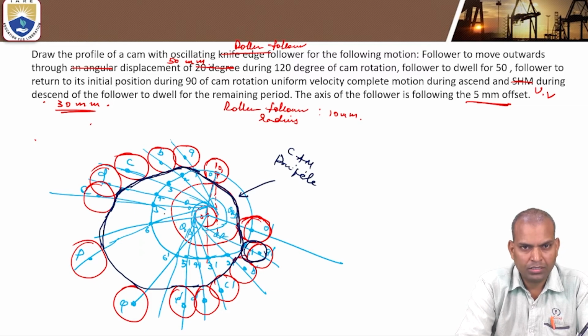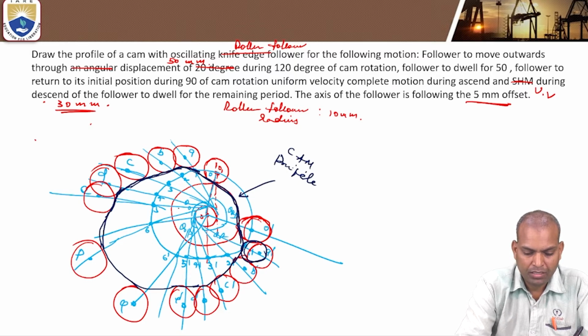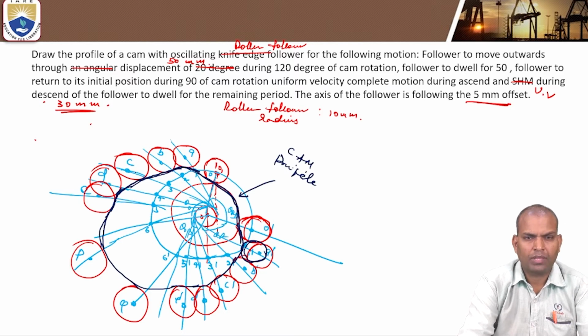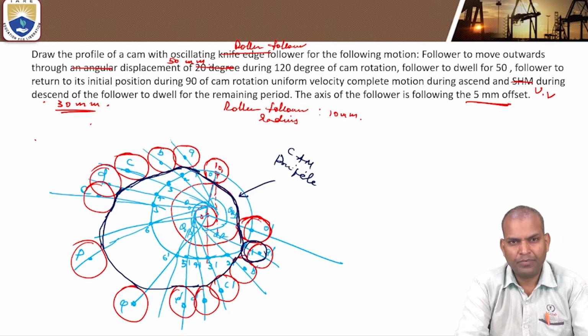problem. Number 1 is the smallest circle. Here it is the offset circle, roller circle, base circle and prime circle. So the prime circle is different from the base circle.